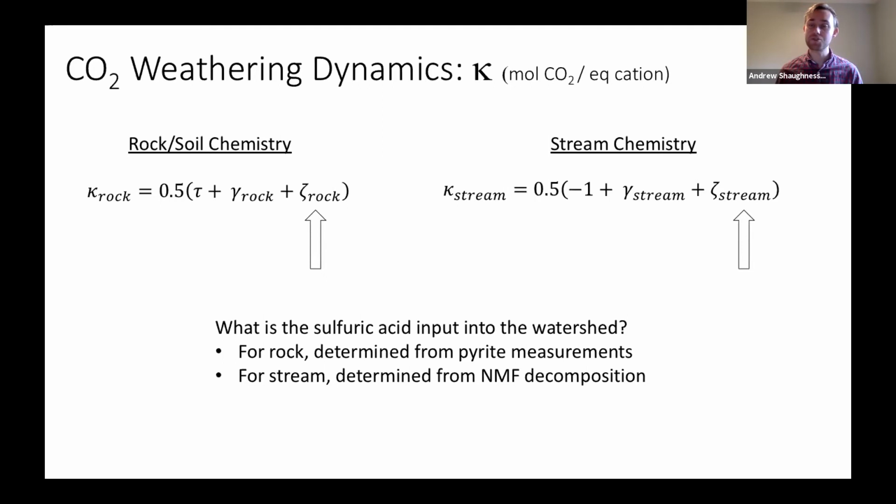And for the stream, we're going to think about the sulfuric acid in the stream, either derived from acid rain or from pyrite oxidation, relative to the total cations in the stream. And so this gives us this CO2 sequestration capacity. This is one of your lengthier derivations, and you're just going to have to trust my math for the purposes of this talk. Happy to answer questions about these.